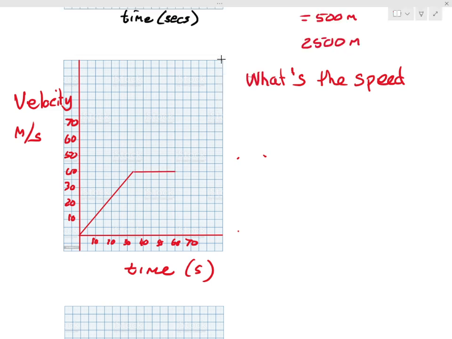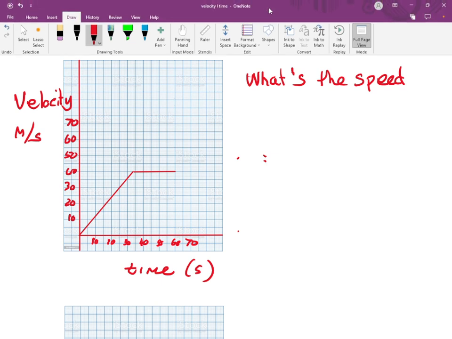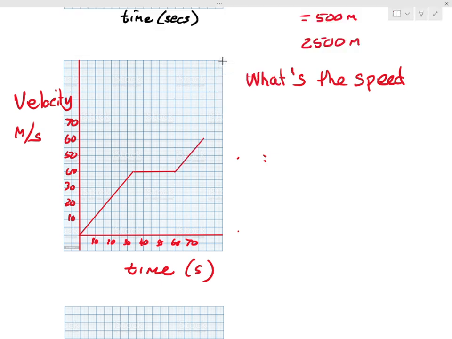It doesn't have to go up and down. It can be anything. So what's the speed at 40 seconds? And what's the speed at 20 seconds?